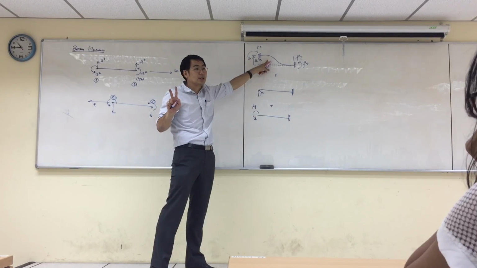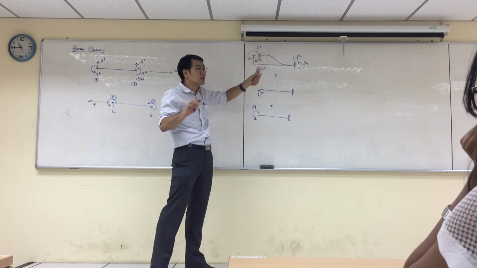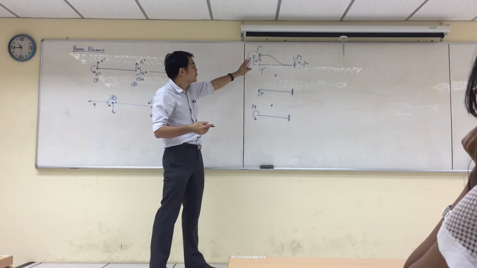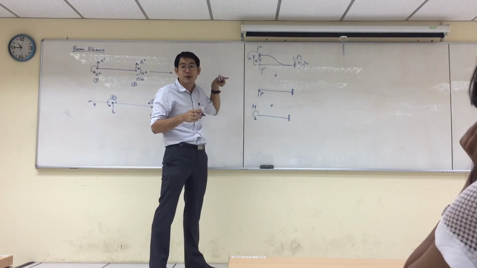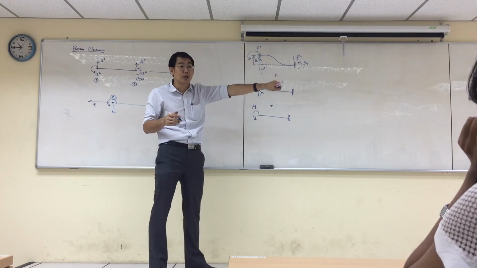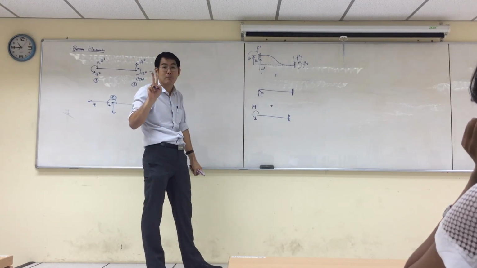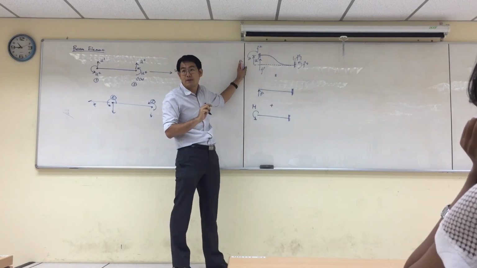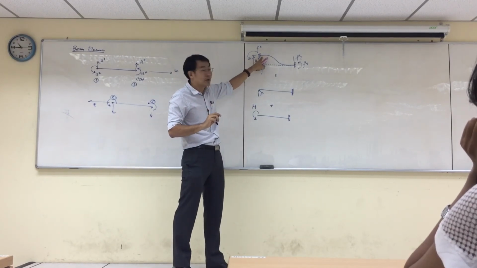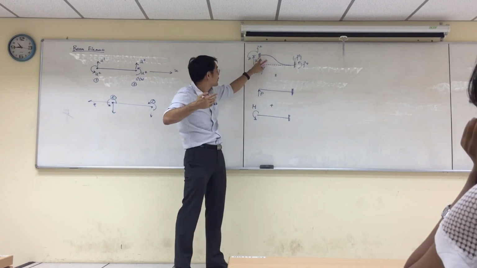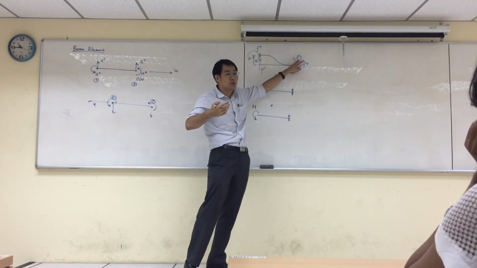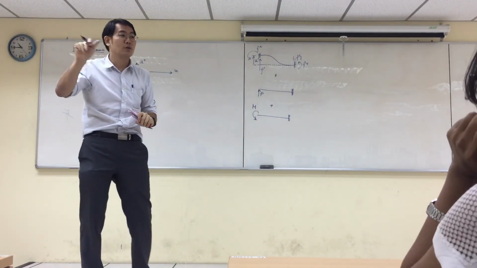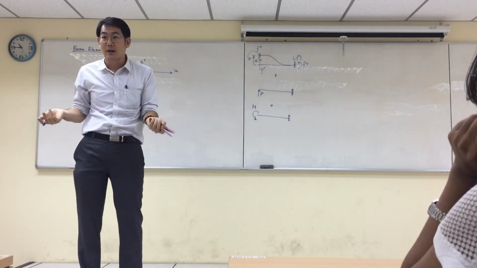How many equations do you have? Sigma moment, sigma force x, sigma force y. But what we are doing here has nothing to do with the x equilibrium, so we have just 2 equilibrium equations remaining. How many unknowns do we have? We don't have any idea about the force here, force there, and moment. So we end up with 4 unknowns and 2 equilibrium equations, so you cannot solve.